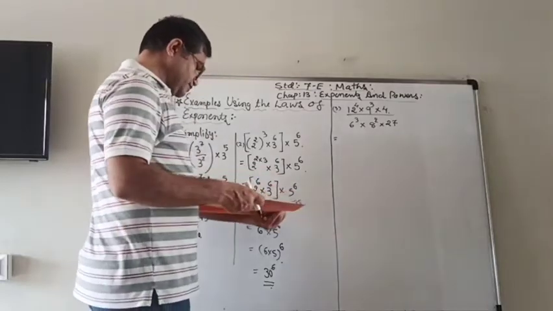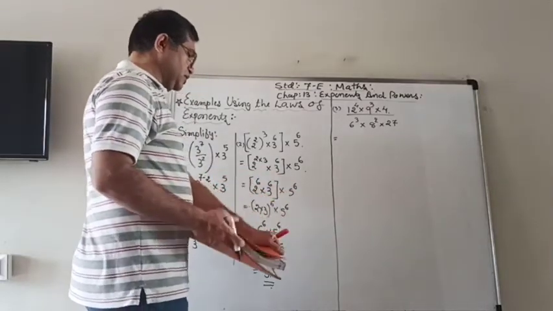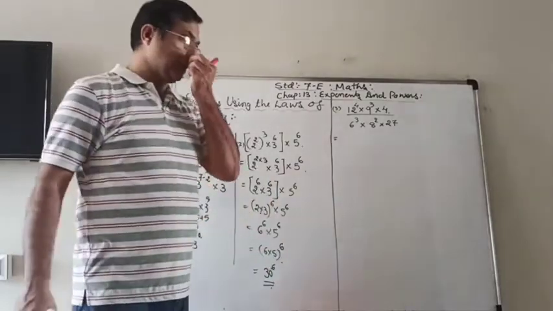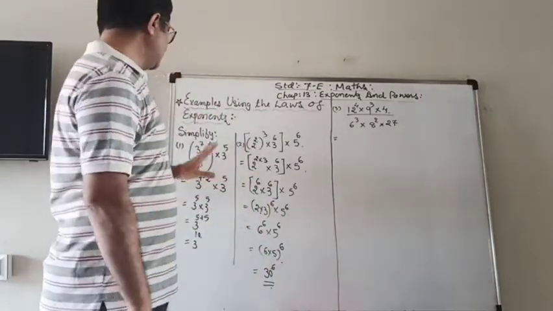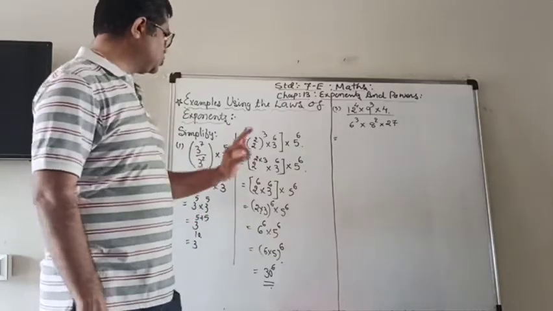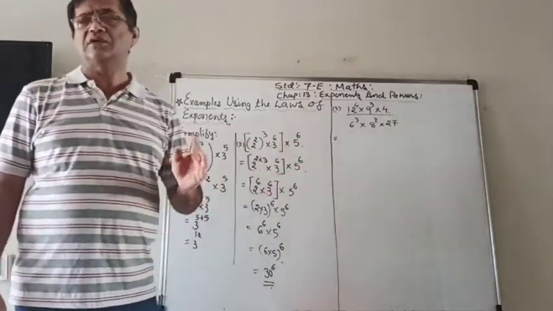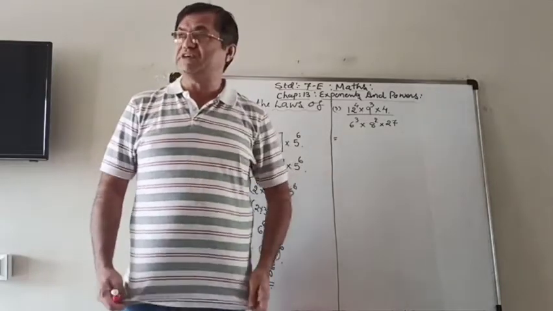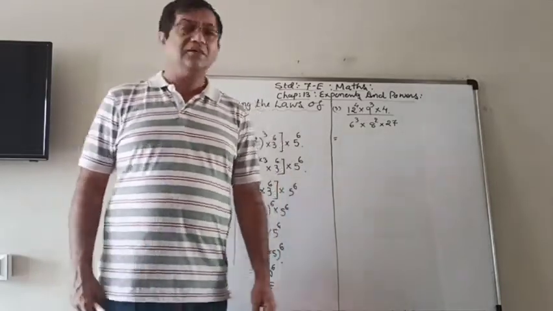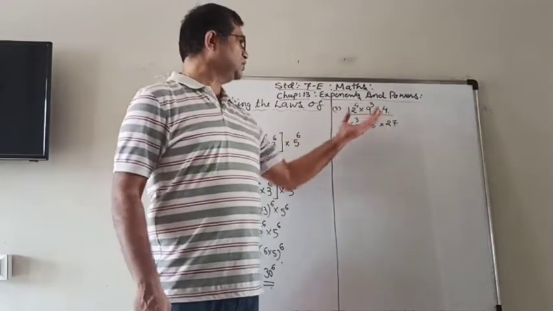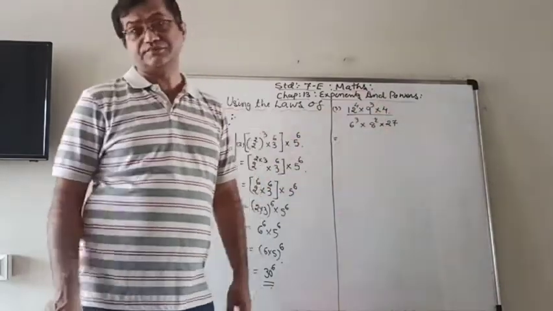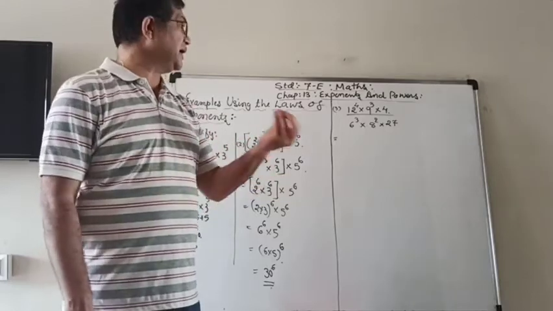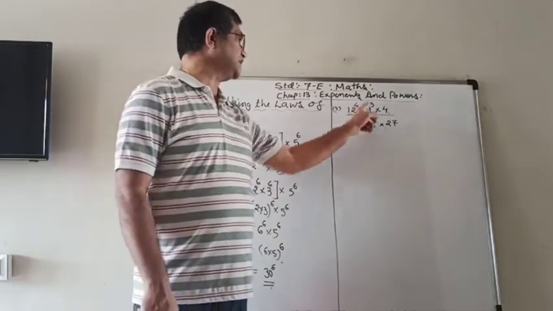So here, what we are going to do: when there are small bases like 2 and 3 and 5, prime numbers, then it is easier. But now you can see that there are no equal bases here, so it looks like we can't apply any rule, not even equal powers.